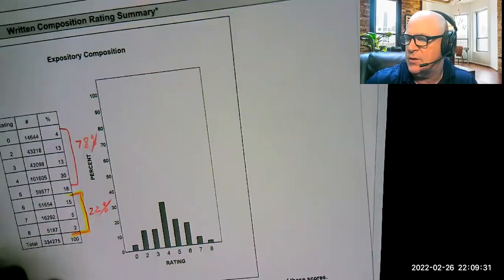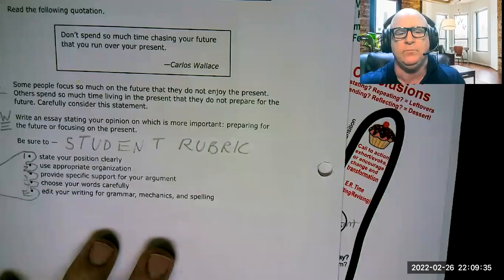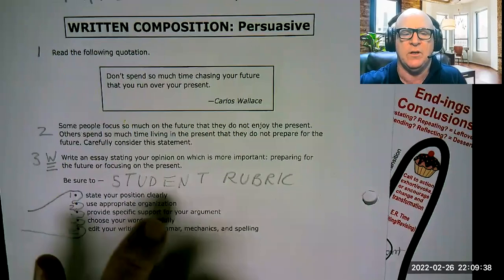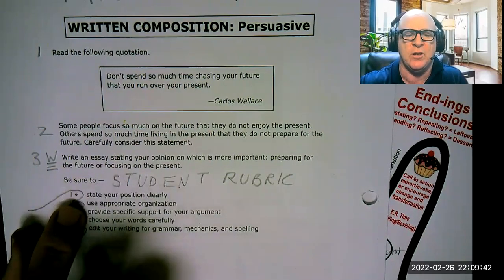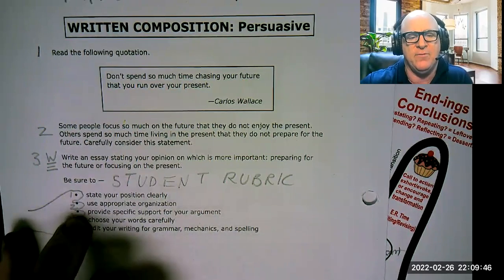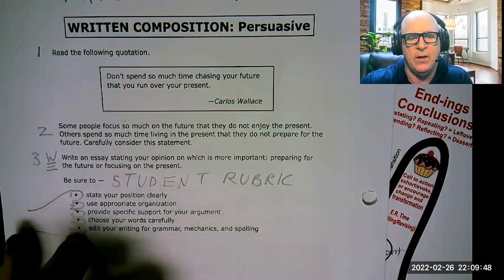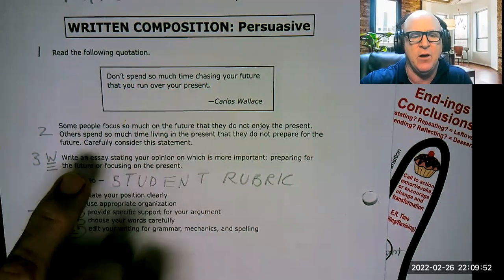So the easiest thing that I can tell you is to tell your students to go straight to the Be Sure To section and write 1, 2, 3, 4 E on the 5 bullets, and have them label that section before they even look at the topic.